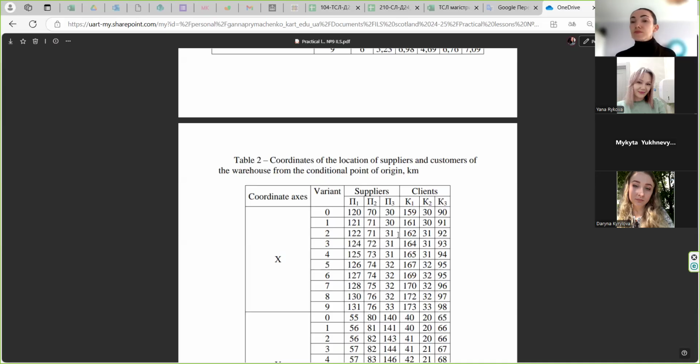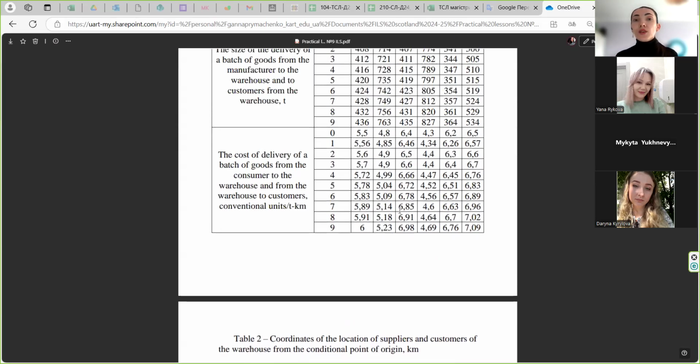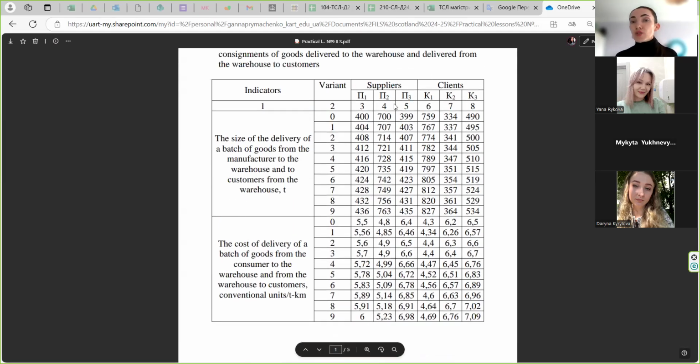Can you please repeat the last three parameters? Yes, okay. The last three, it is for our third supplier, our tariff. It is our last line in our table 1. For zero variant, for example, it is 6.4. For first variant, 6.46. Our 5th column, yes: 1, 2, 3, 4, 5.